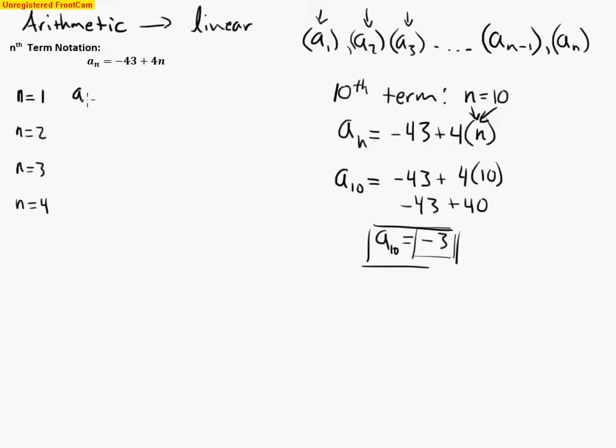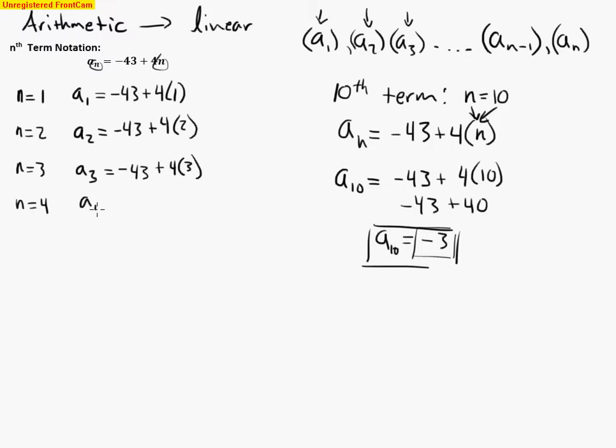I have to take my equation: a_1, because n is 1, equals negative 43 plus 4 times 1. Same thing here, a_2 equals negative 43 plus 4 times 2. a_3 equals negative 43 plus 4 times 3.